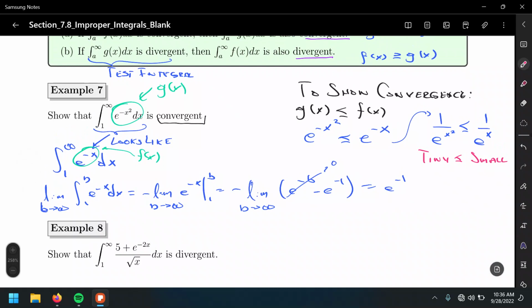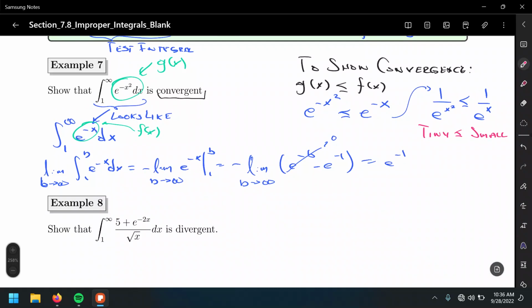And well, in this case, if we try to evaluate this integral, 5 plus e to the negative 2x divided by the square root of x, don't even try. Nothing is going to work. Neither integration by parts, and I don't think there's another method that could work in this case. However, we are going to find an integral that looks similar, for which it's easy to determine its convergence or divergence.